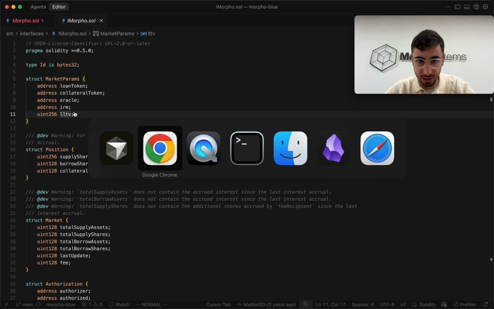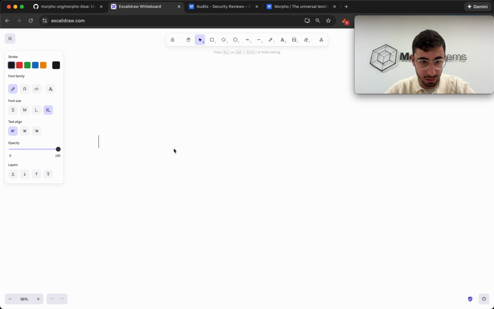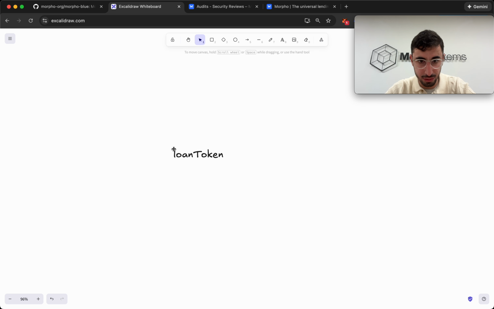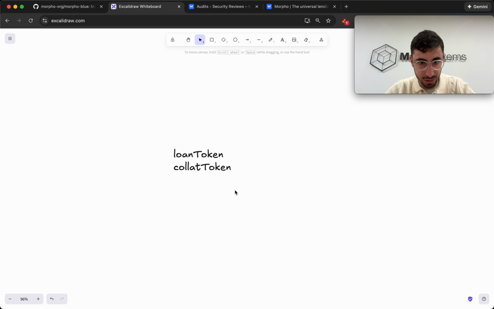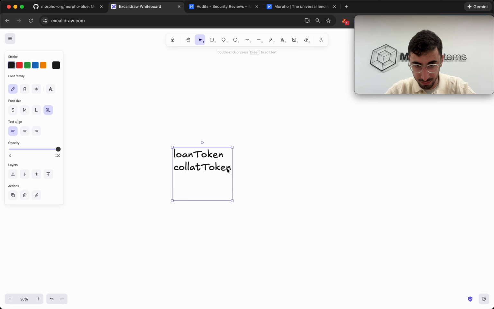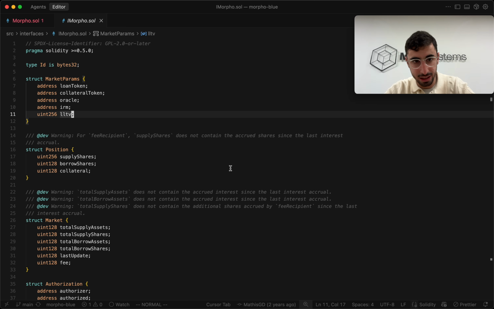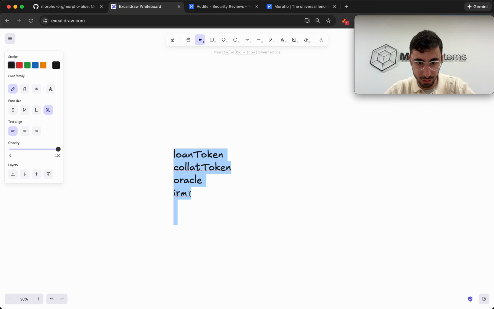And let's discuss what all of this means. So we have the loan token, we have the collateral token, we have the oracle, interest rate model, and we have the loan to value ratio.